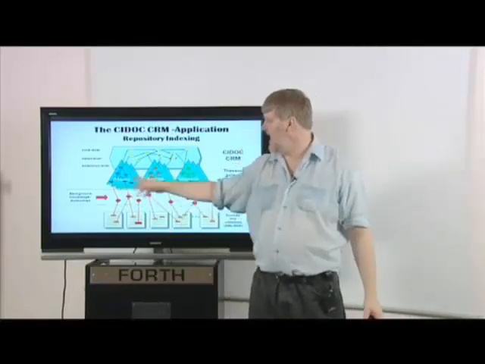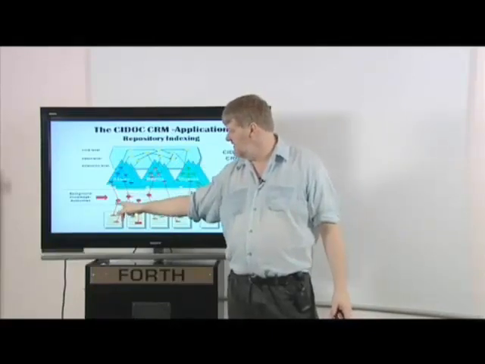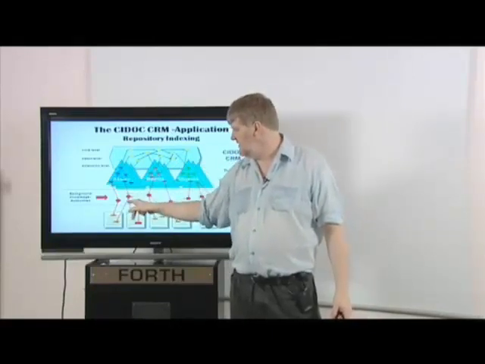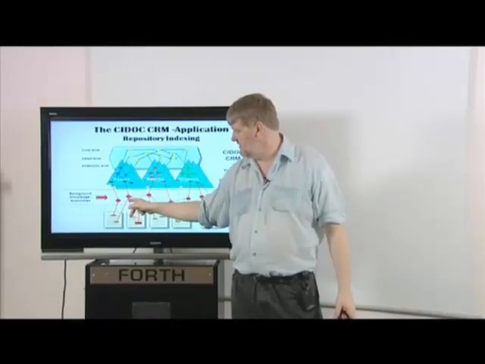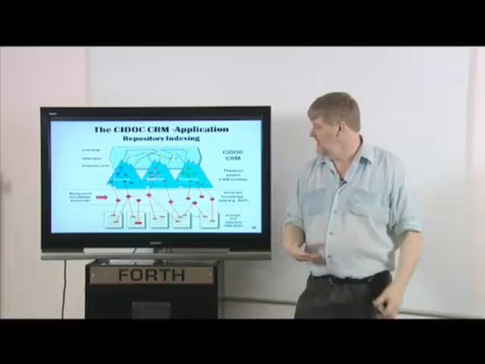So now I've got a link between this document and this document. And that process allows me to bring together these different silos of information and blend them into an overarching web of information which I can run queries on.